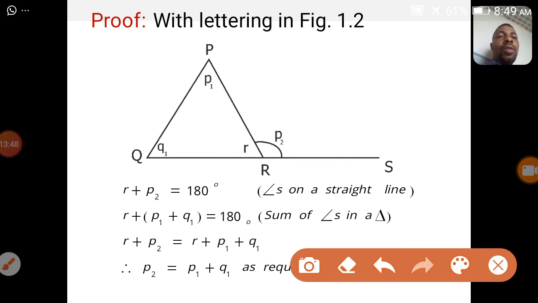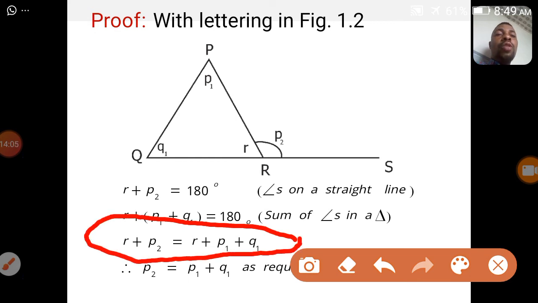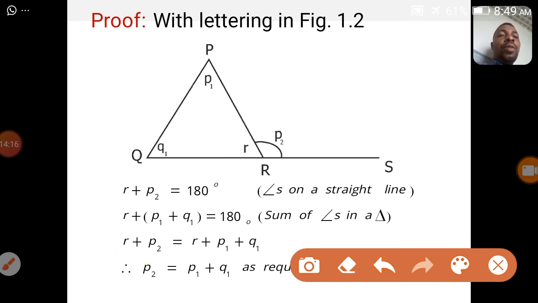Now, you can see that the first expression and the second one, they are all equal to what? 180 degrees. By implication, you can equate the two expressions. And when you equate them, this is what you have. Okay? Having done that, how do you arrive at the final answer? You subtract r from both sides of the equation.